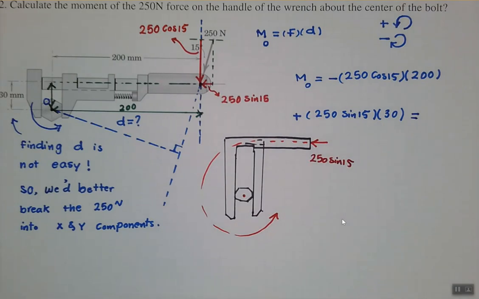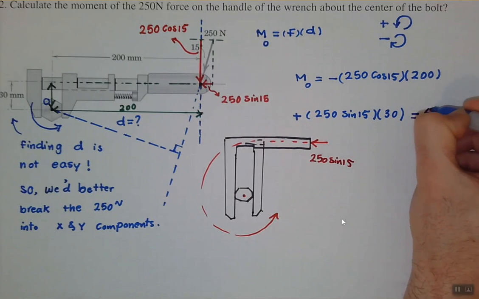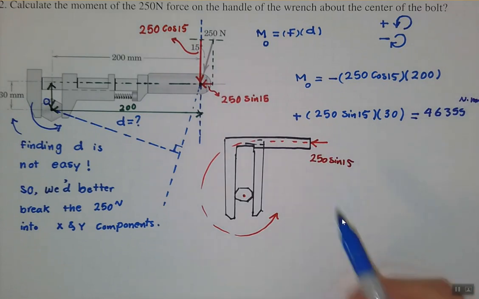For now, everything is simple, but as we go further and further, we need to find these numbers correctly. If I do my calculation, I will find a big number, 46355, and the unit is Newton millimeter for the torque.